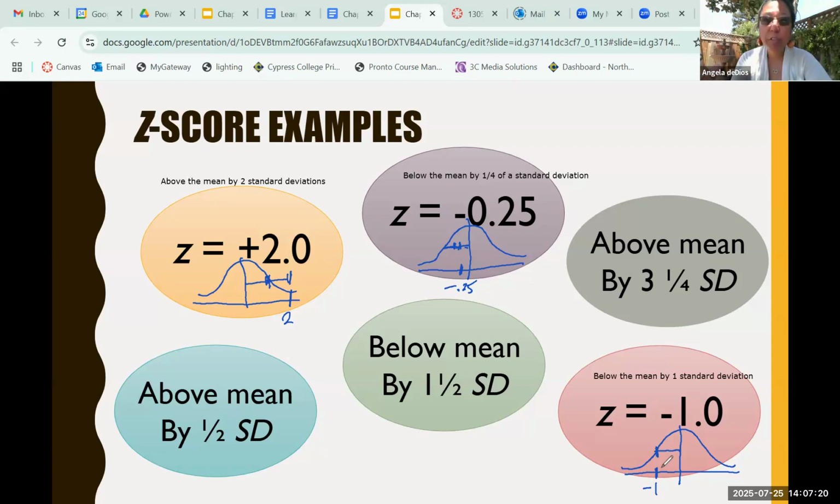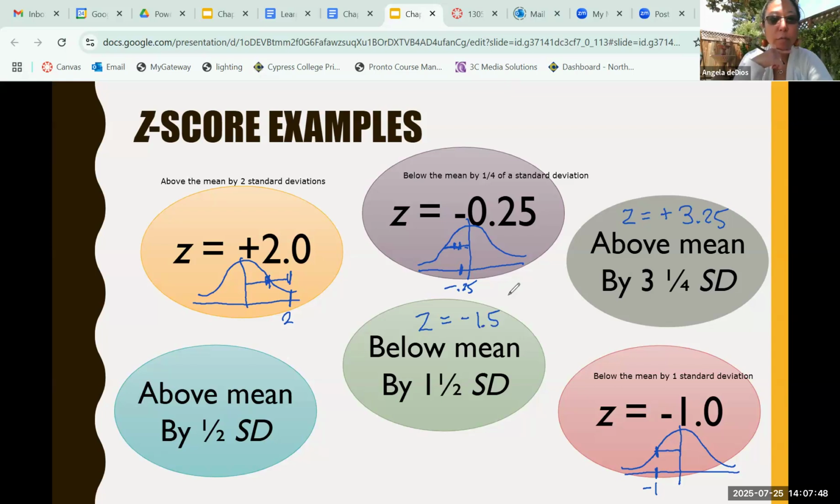Now, for these that actually do have a description, I can also convert those into z-scores. So above the mean by 3 1/4 standard deviation. So above the mean would be positive, and then 3.25 would be 3 1/4 standard deviations above the mean. Below the mean would be negative, and 1 1/2 standard deviation.